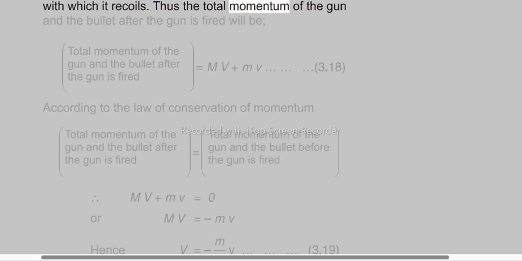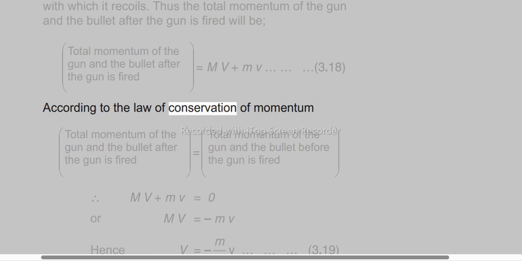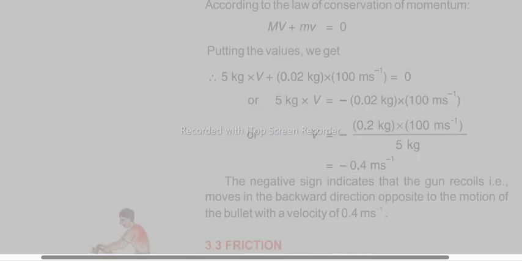Thus the total momentum of the gun and the bullet after the gun is fired will be, according to the law of conservation of momentum, equal to the total momentum of the gun and the bullet before the gun is fired.